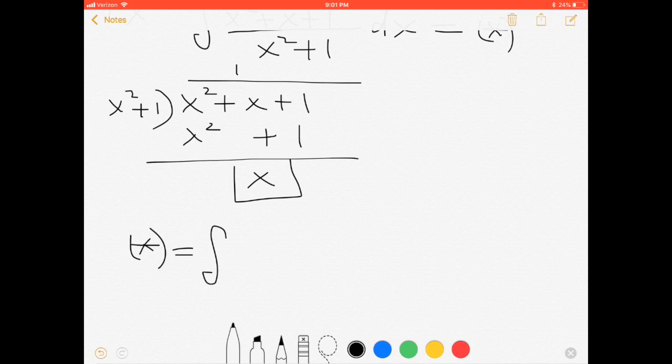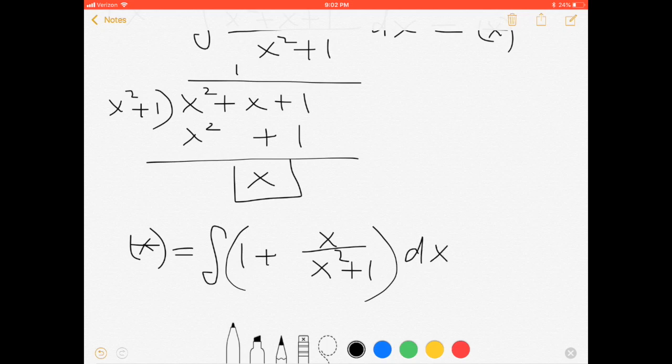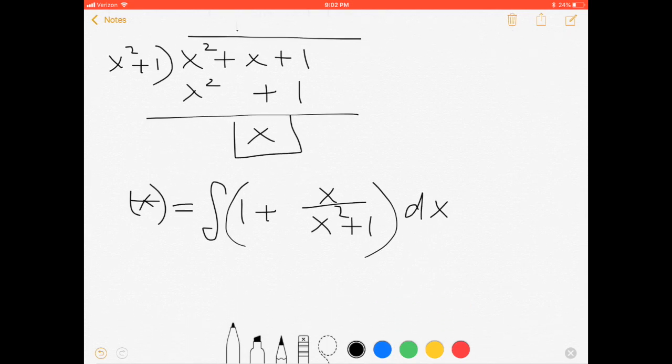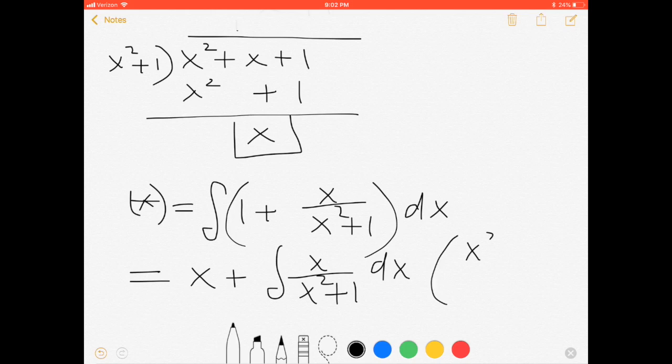It will be the integral of 1 plus x over x squared plus 1 dx. The first term is no problem. For the second term, the integral of x over x squared plus 1 dx, if we let u equal x squared plus 1, then 2x dx will be du.